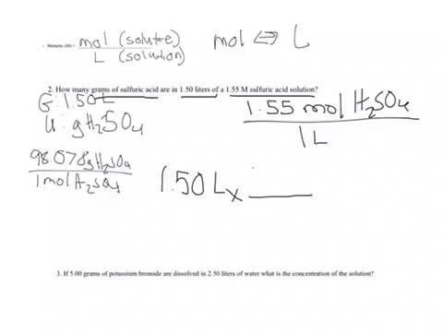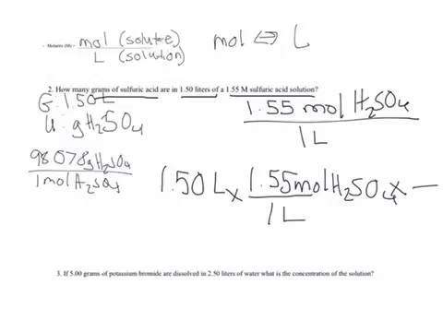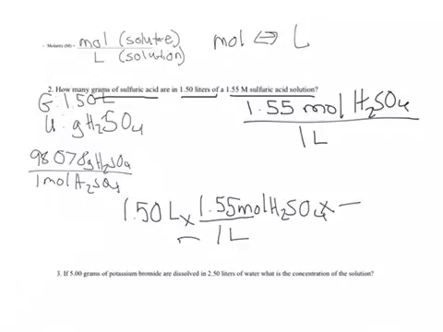And because we are converting to moles from liters, we need our molarity. That's our next step. And then because we finally want grams, we're going to end with our molar mass.